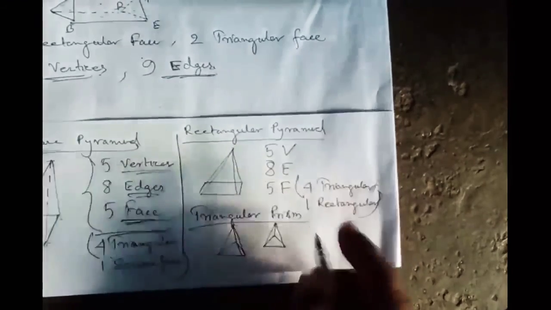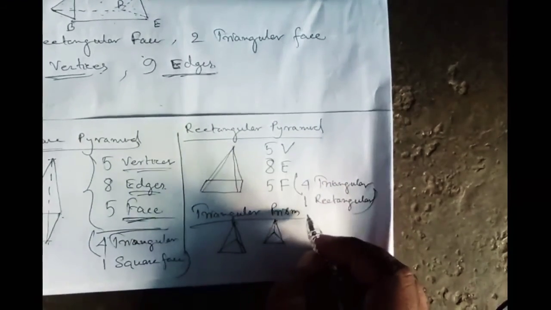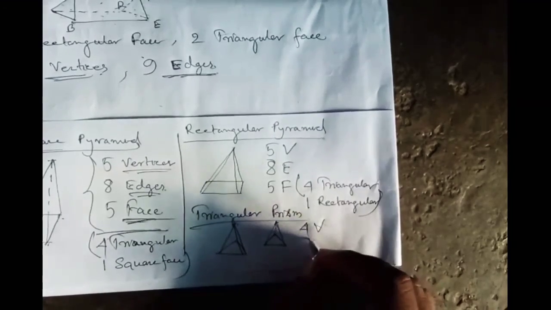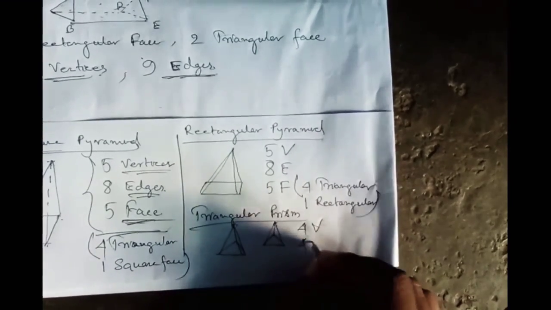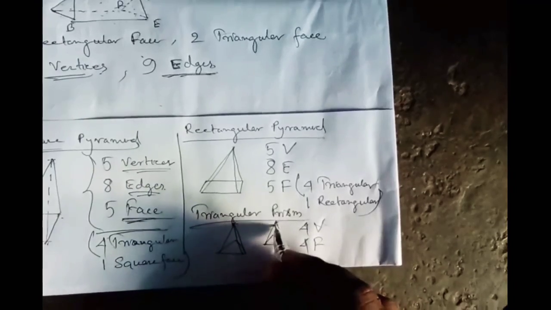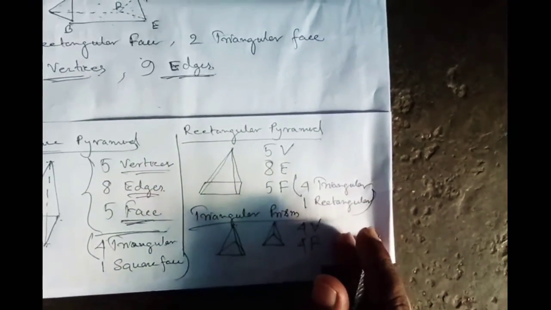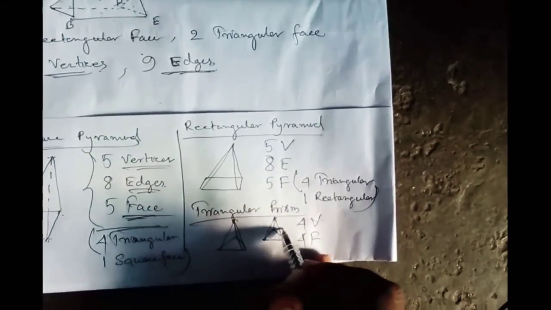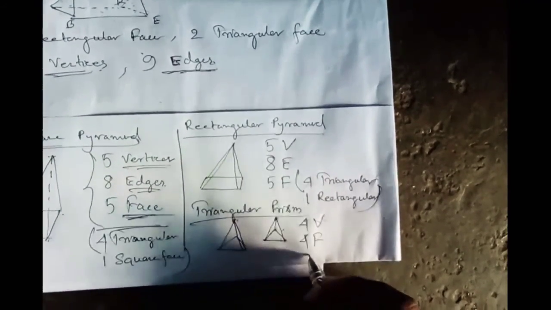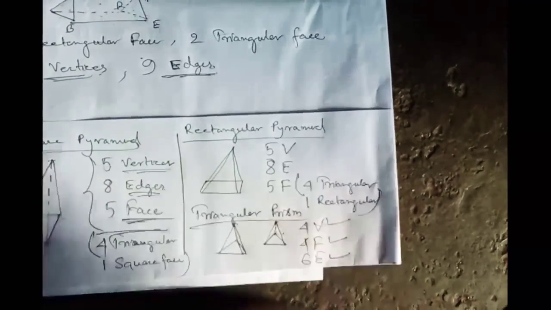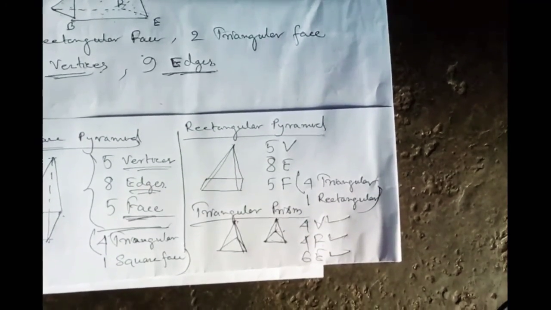Okay, so it has 4 vertices, 1 2 3 4. Next, 4 faces, and how many edges? 1 2 3 4 5 6, 6 edges. 4 vertices, 4 faces, and 6 edges.